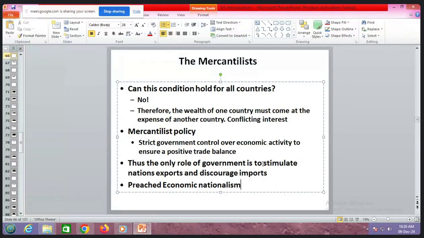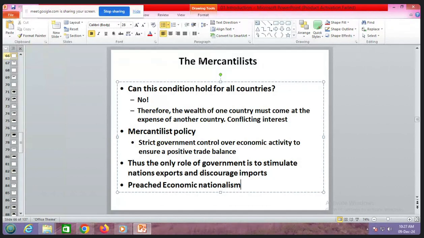The policy basically says I want to stimulate the nation's exports, discourage imports, and ensure that the goods are made in India. So local content they are promoting, they are trying to see that nationalism is promoted through economics. They are saying you buy locally, is it not?